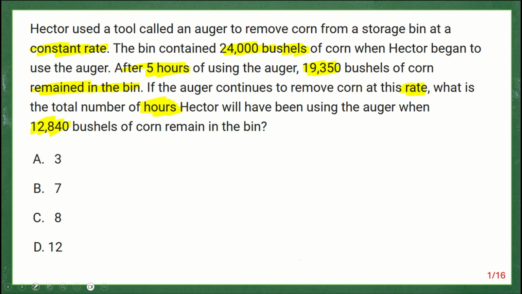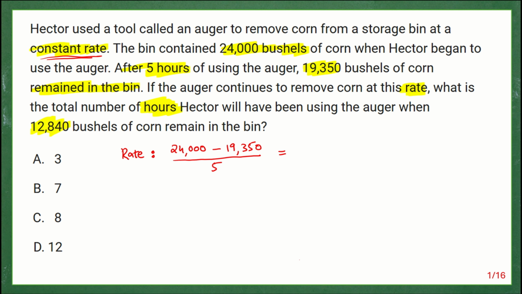So let's see that initially we had 24,000 bushels, and then after 5 hours we are left with 19,350. So the rate will be the number of bushels that is being removed from the bin divided by the number of hours.